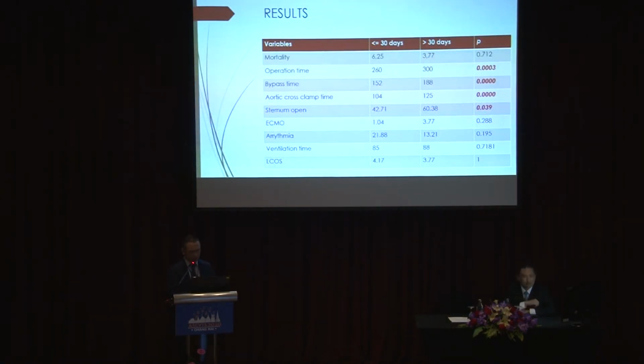For the first question, the difference between the two groups is that the aortic cross clamp time is longer in those more than 30 days old. Actually, I don't know exactly the main cause. It's just the number.